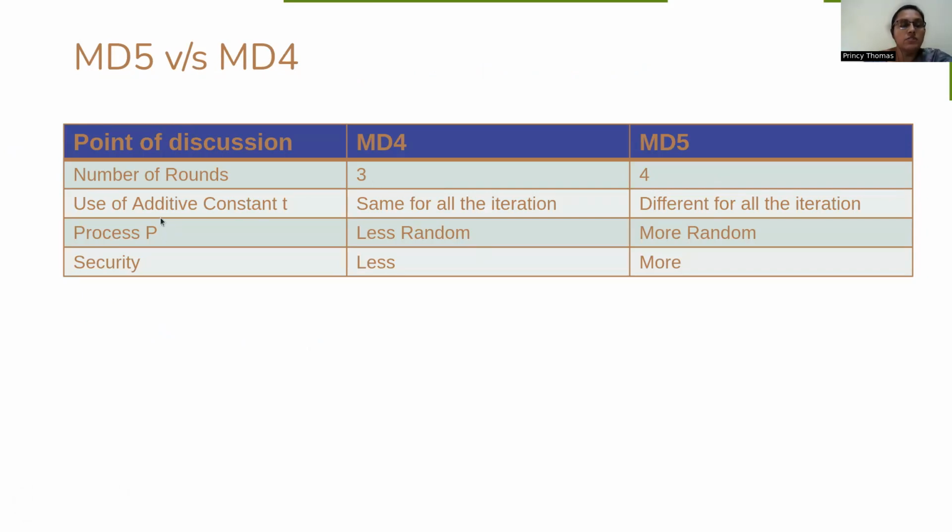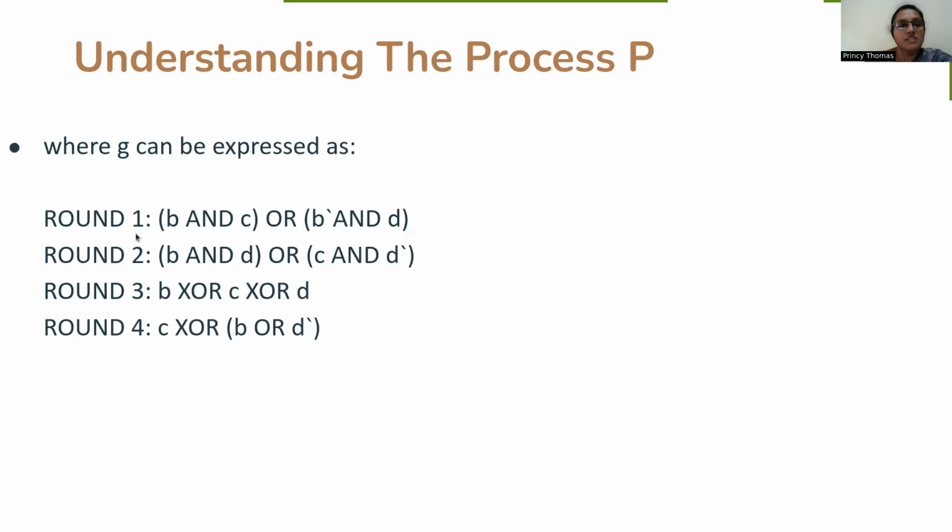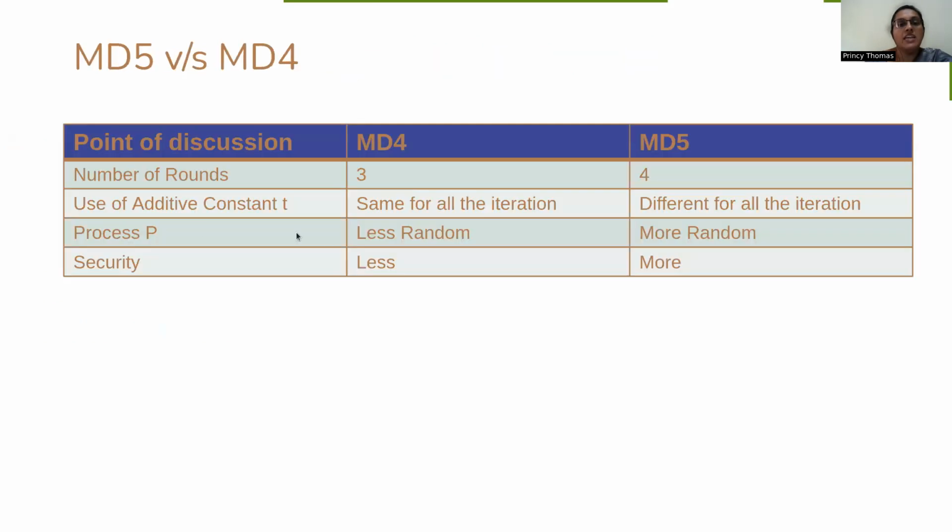The additive constant T is the same for all iterations in MD4, but we saw that in MD5, it is different for all the iterations. We saw what the process P is. See, this is the process P, and it is less random for MD4, but more random for MD5, and the security is less for MD4, but more for MD5.